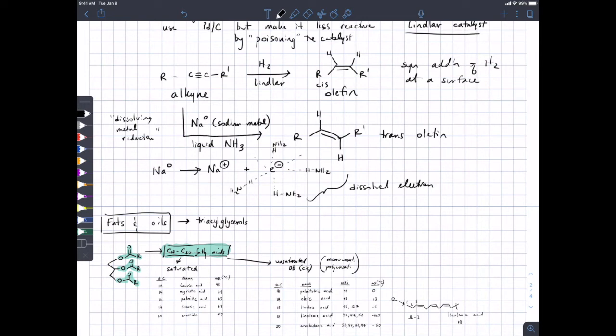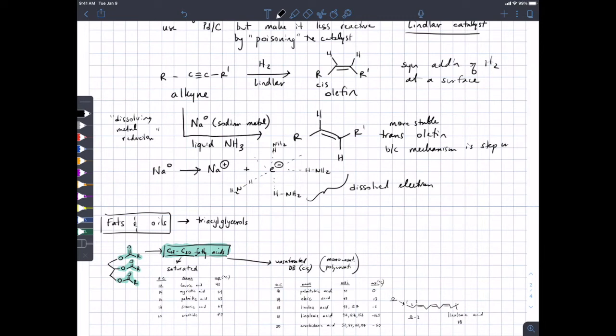The reason you get to the trans olefin is because the reduction occurs stepwise. You deliver an electron, the molecule picks up one proton, you get an intermediate. You deliver another electron, the molecule picks up the other proton, and you selectively get the more stable trans olefin because the mechanism is stepwise.